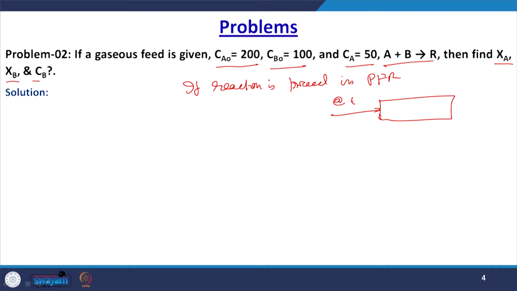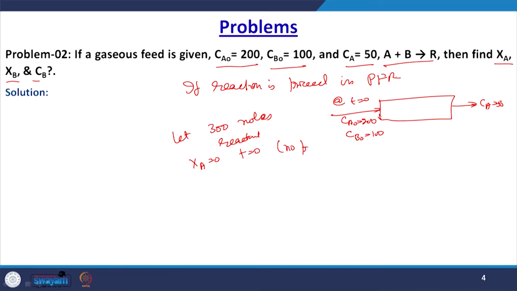At t is equal to 0, CA0 is equal to 200, CB0 is equal to 100 and CA is equal to 50. Let initially 300 moles of reactant be fed as gas to the reactor, then XA is equal to 0 at t is equal to 0, that is, no products are being formed.